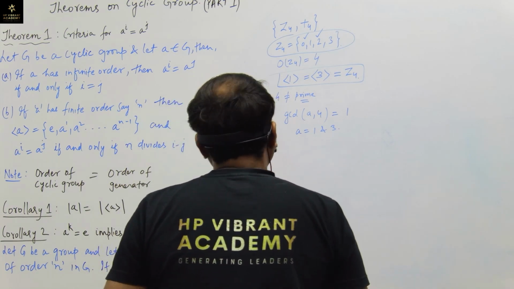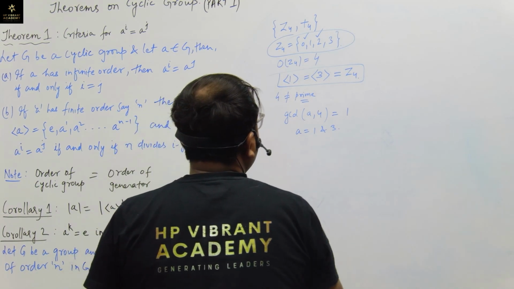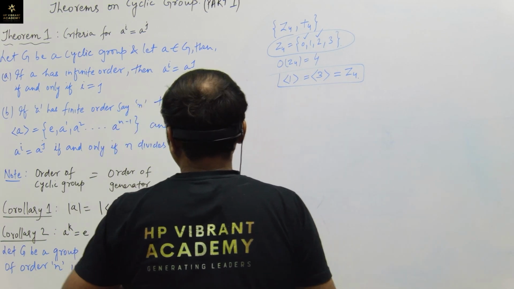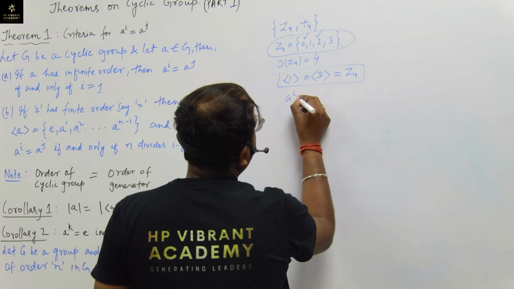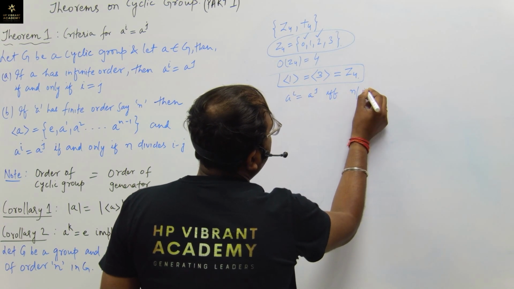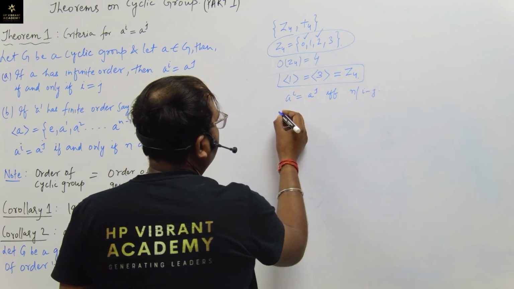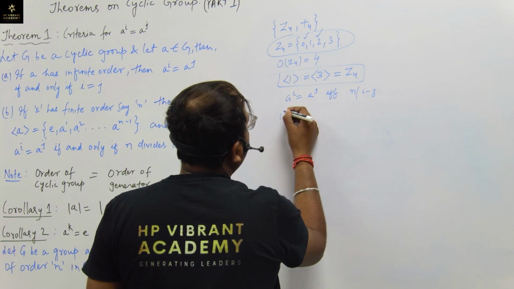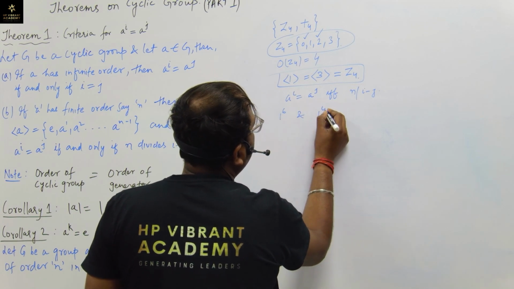Now let us take an example to relate the expression: a to the power i is equal to a to the power j if and only if n divides i minus j. Let us take two numbers here, 1 to the power 6 and 1 to the power 4.